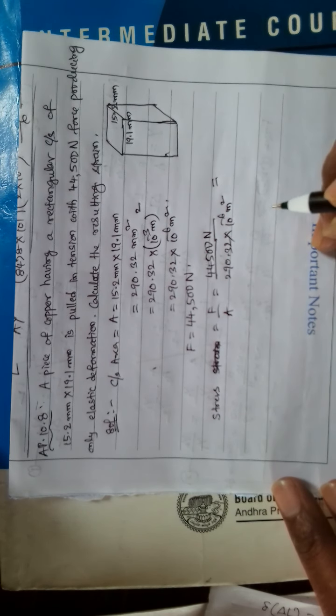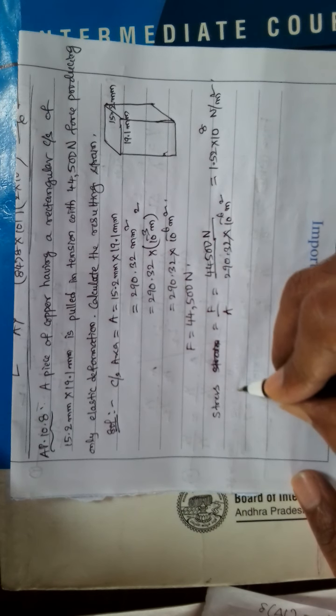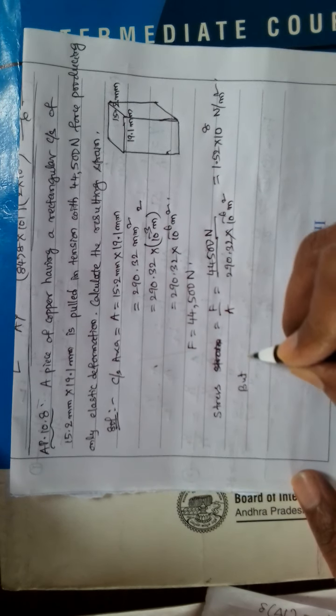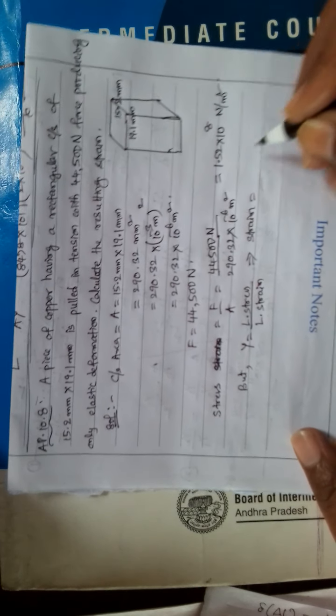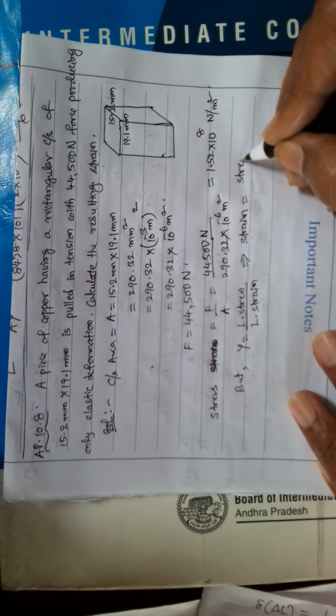Now strain is asked. But Y is equal to longitudinal stress by longitudinal strain. Young's modulus is equal to stress by strain. From this, strain is equal to stress by Young's modulus.